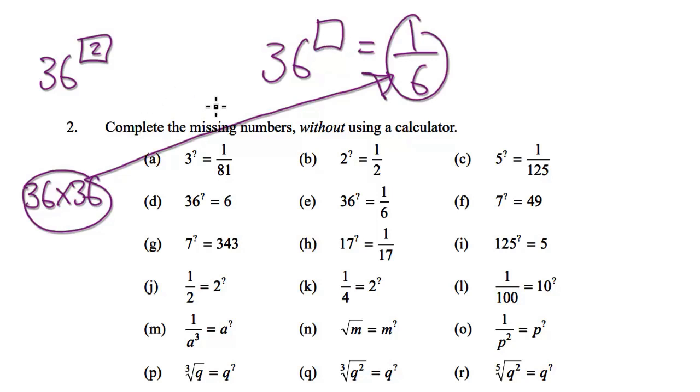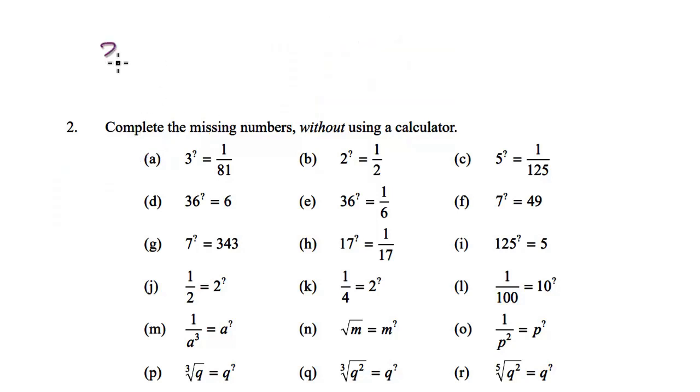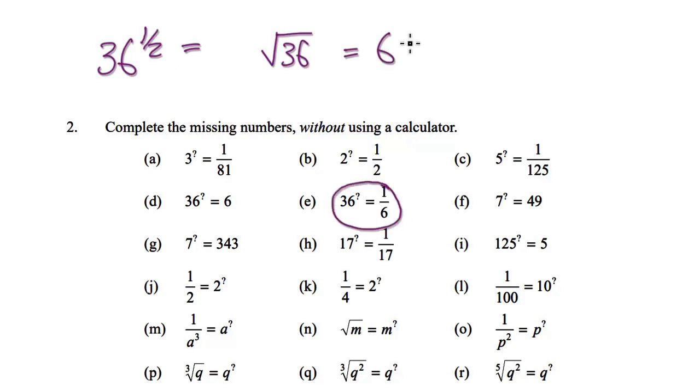Let's try a fraction. 36 to the power of a half. We don't understand what it means to have a power of a half, so we jump to, well, to the power of a half means square root. So the square root of 36 would be 6. Well, that's no good.